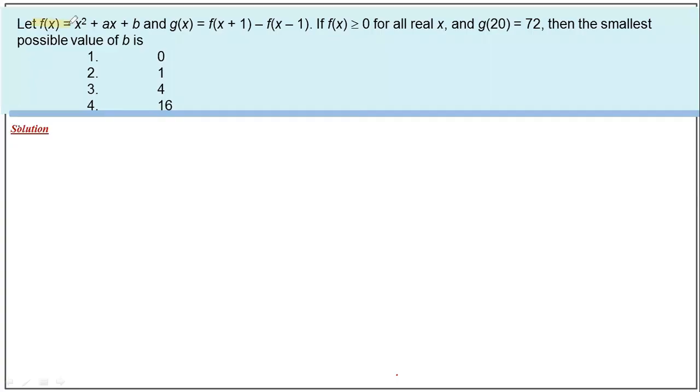Let f(x) equal to x square plus ax plus b and g(x) equal to f of x plus 1 minus f of x minus 1. If f(x) is greater than or equal to 0 for all real x and g(20) equal to 72, then the smallest possible value of b is which of the following?